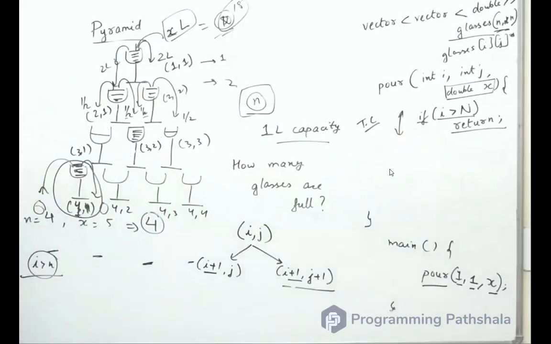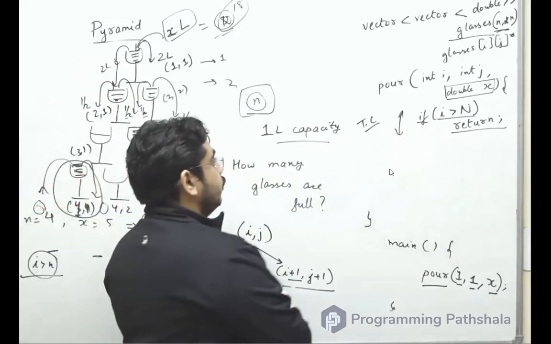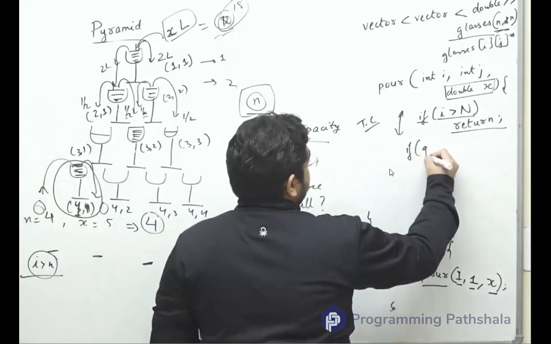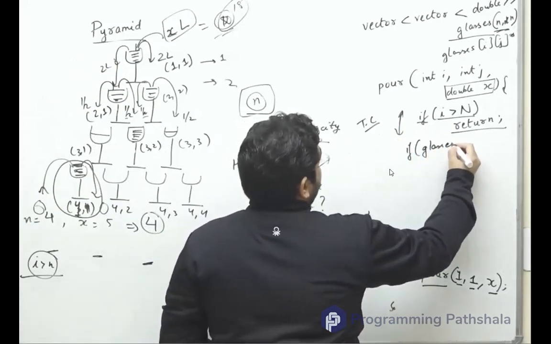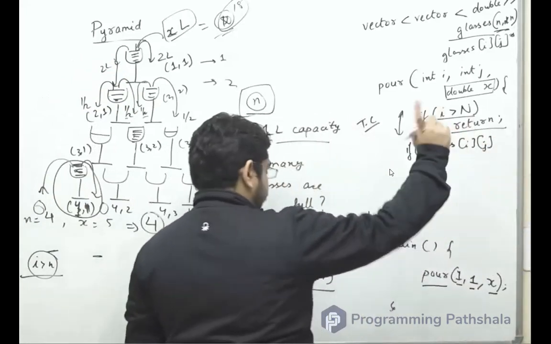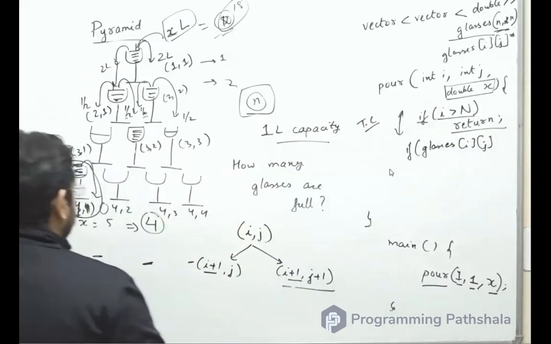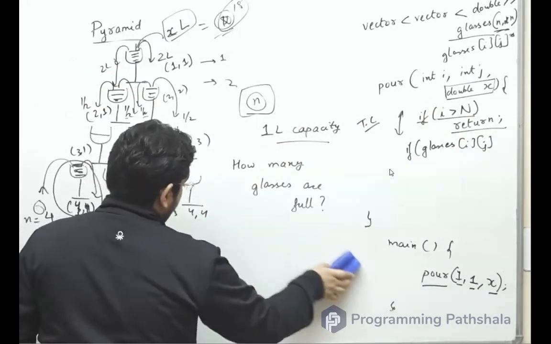What to do next? I said first we'll check if the glass is already full. So if my glasses of ij is already 1, okay. Now one good point here, how do we compare floats?